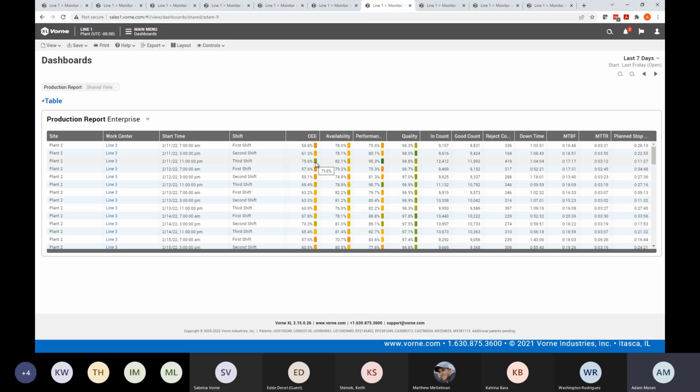This allows us to comprehend and act very, very quickly. This is in contrast to the data that is non-normalized, the in count or total count, good count and reject count, additionally downtime. These are all non-normalized metrics. So we have to understand the values in the context of the report.